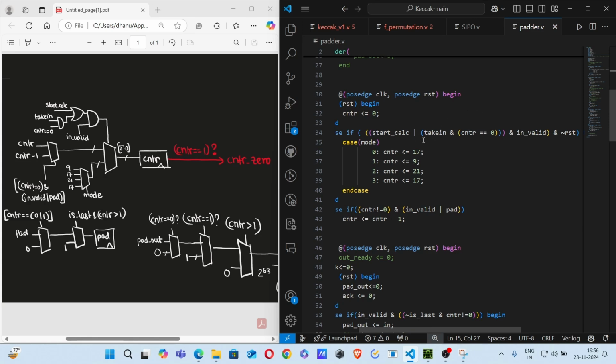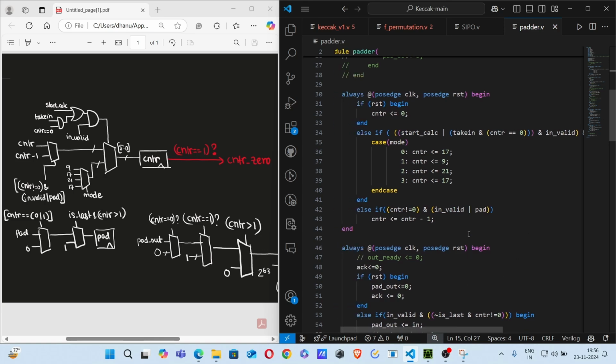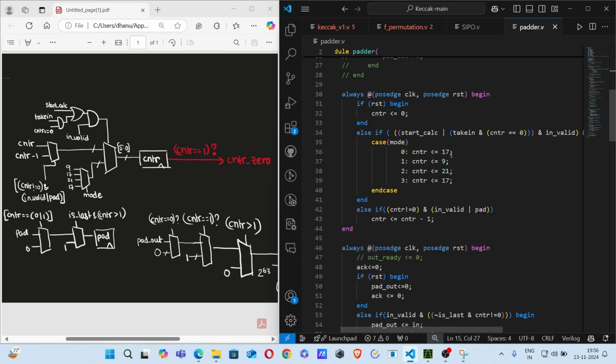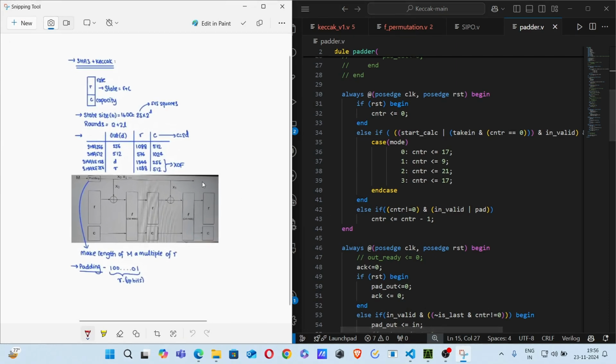So to handle that condition, this take-in and counter equal to 0 has been put here. And of course, input should be valid. Counter is loaded with 17, 9, 21, and 17. How do we obtain this? Let's look at that.